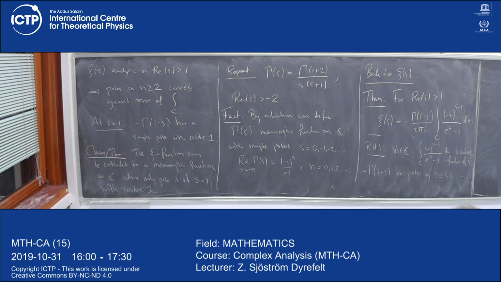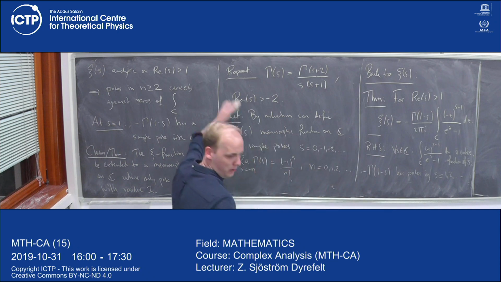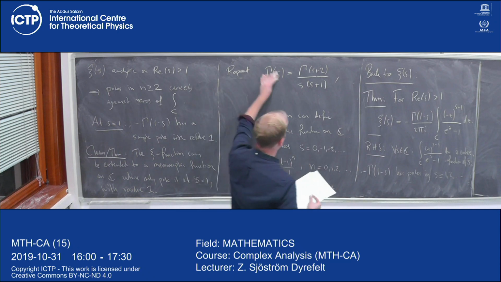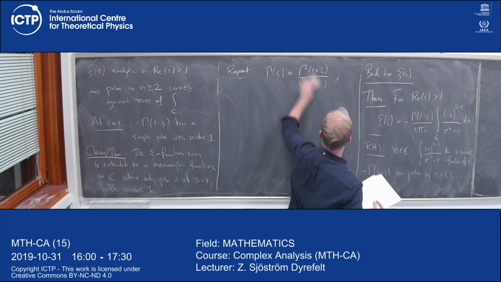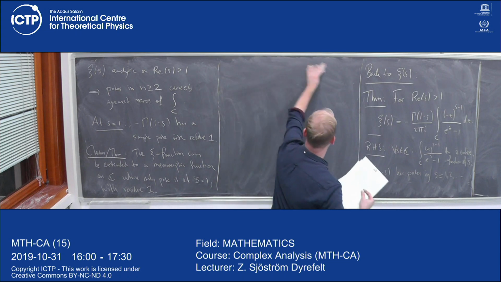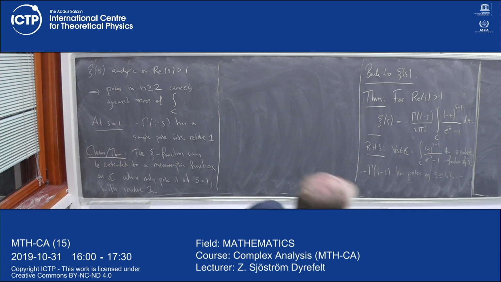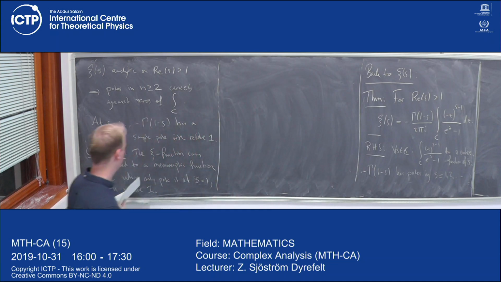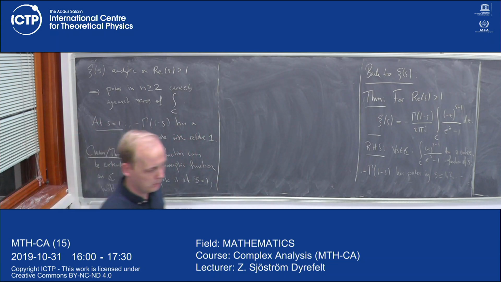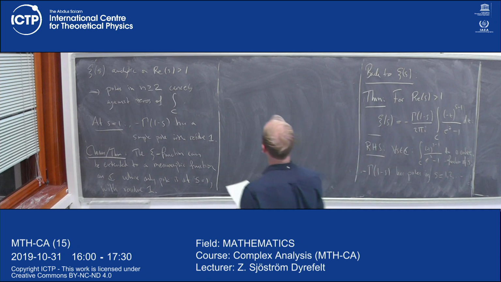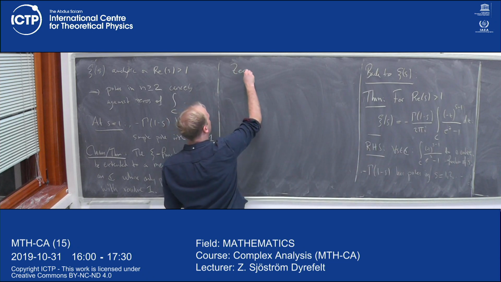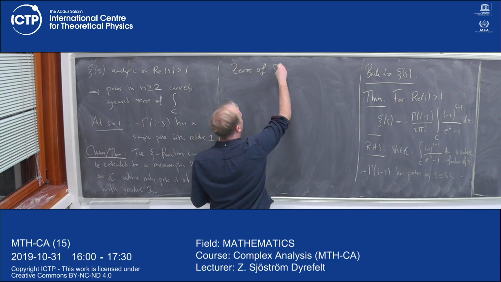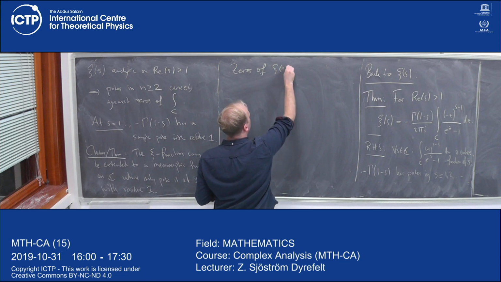Okay, now we have one more ingredient, which is nice. Because the question is, okay, we know it's a meromorphic function, we know it has one pole, but what about the zeros? So now the question is, what about zeros of the zeta function?